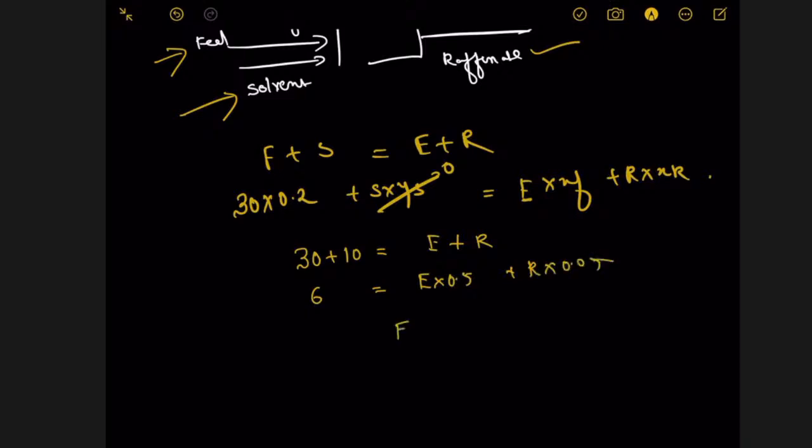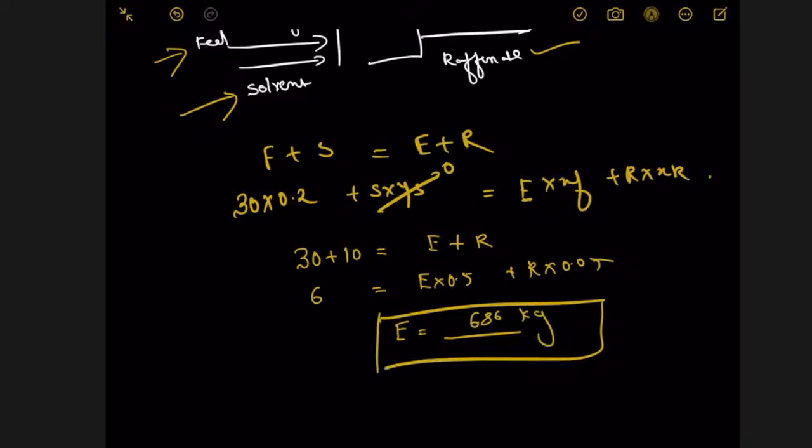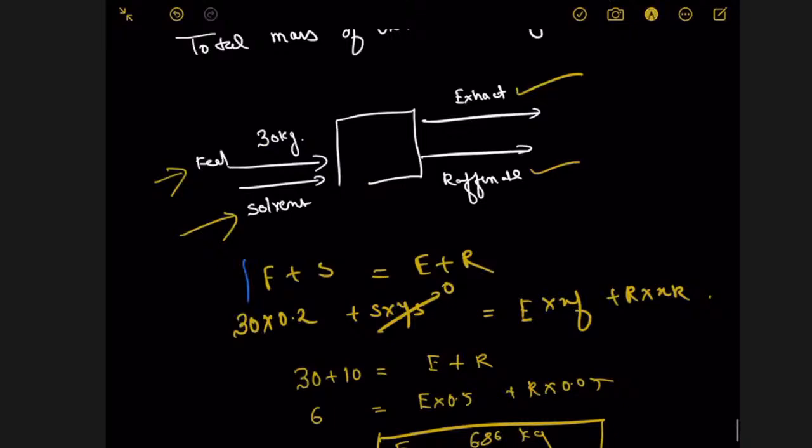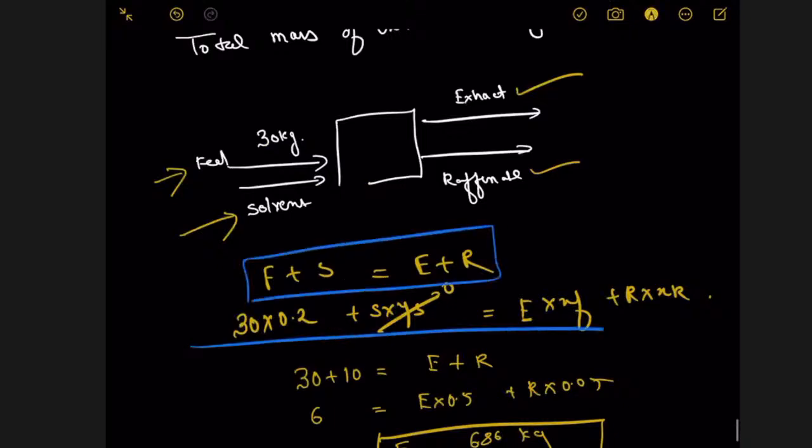From here we can easily calculate the value of E, which is approximately 6.86 kg. What is important from the GATE point of view is that you only have to remember that the extract is there. You can easily do the balance. If you know the material balance basics, you can very easily do this.